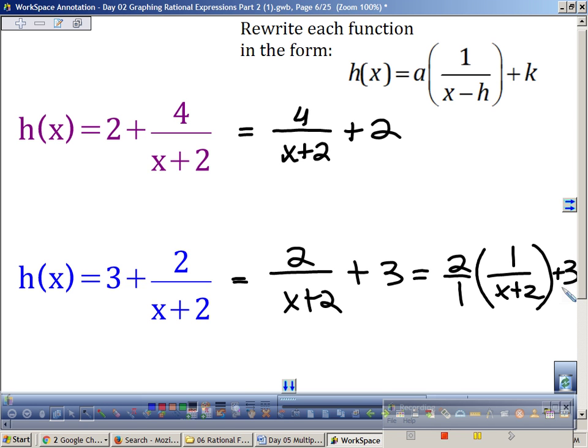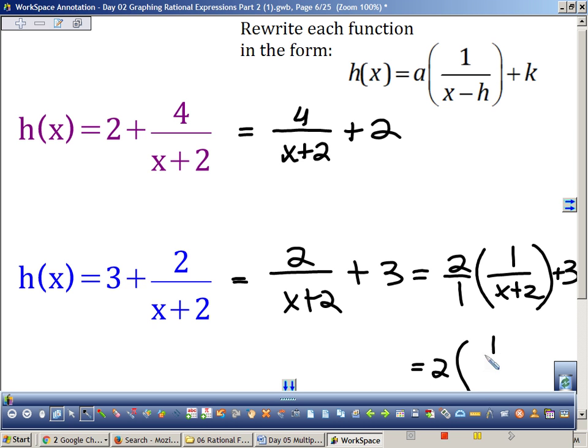And 2 over 1, if I want to make sure that I factored out correctly, I could just try and distribute. 2 times 1 is 2. And 1 times x plus 2 is x plus 2. But I really don't have to write it. I could just write it like this. 2 times 1 over x plus 2 plus 3. Good? You guys ready to try one?